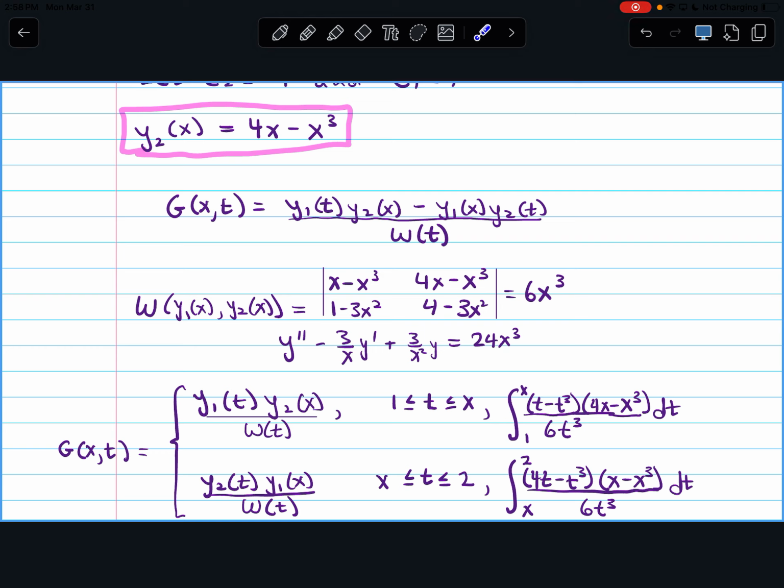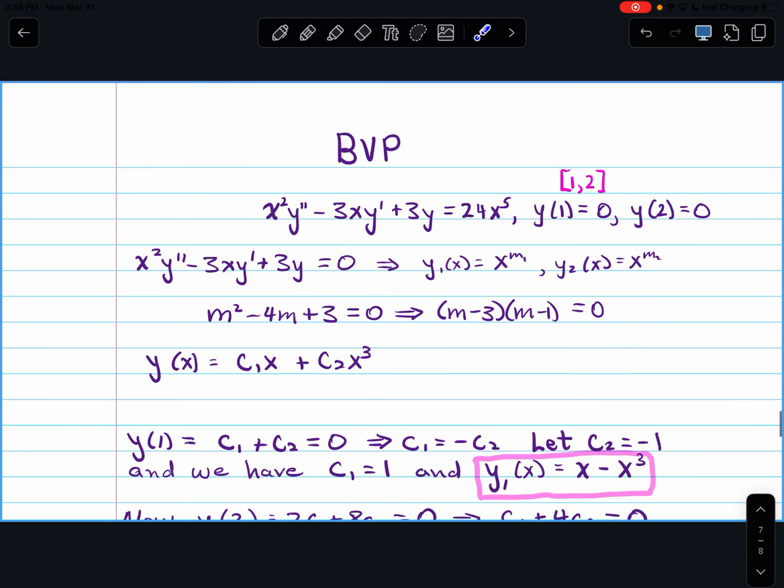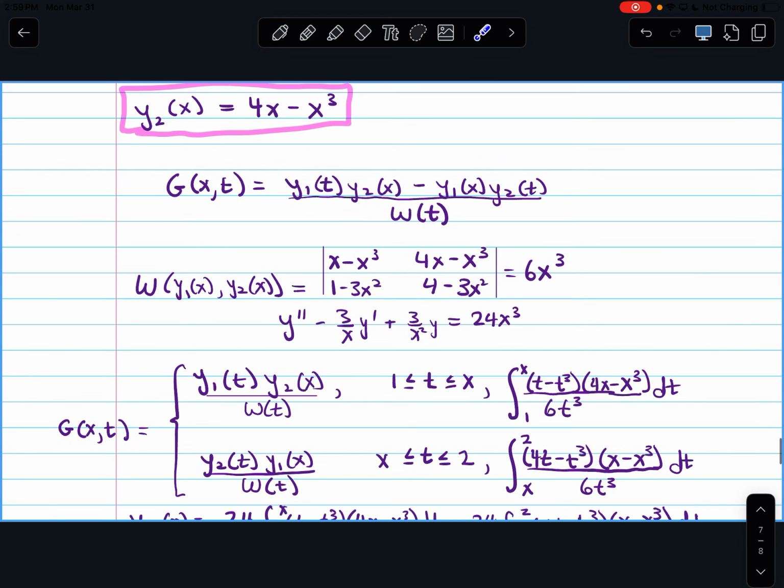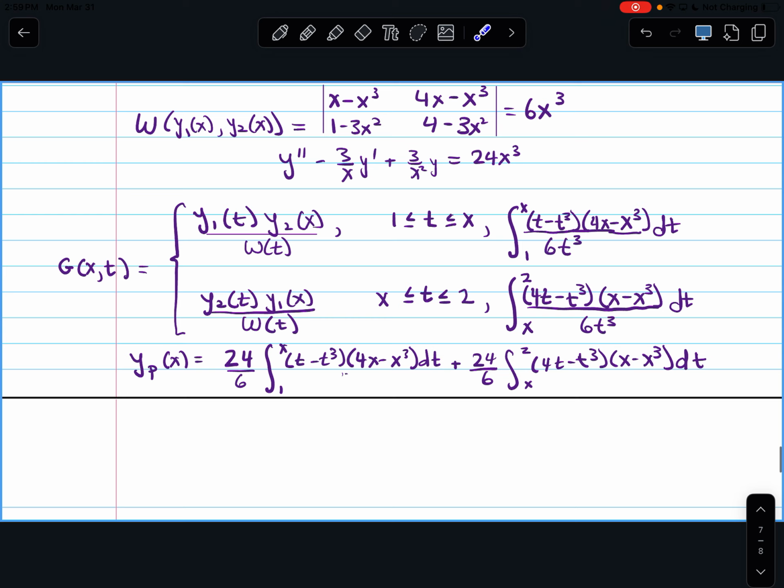Now, here's what we're going to do with these boundary values. Notice we've got this interval from 1 to 2. We're going to go from 1 to x, and then from x to 2. So see how we're going to do this. We're going to have two of these Green's functions.